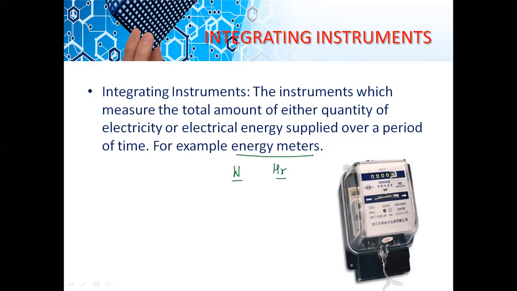Analog meters mostly are replaced by digital meters, but still there is importance of analog meters, considering a lot of positive points of these meters, like cost is low. It is going to show correct value. There are some disadvantages with digital meters, which we are going to see in our future videos.